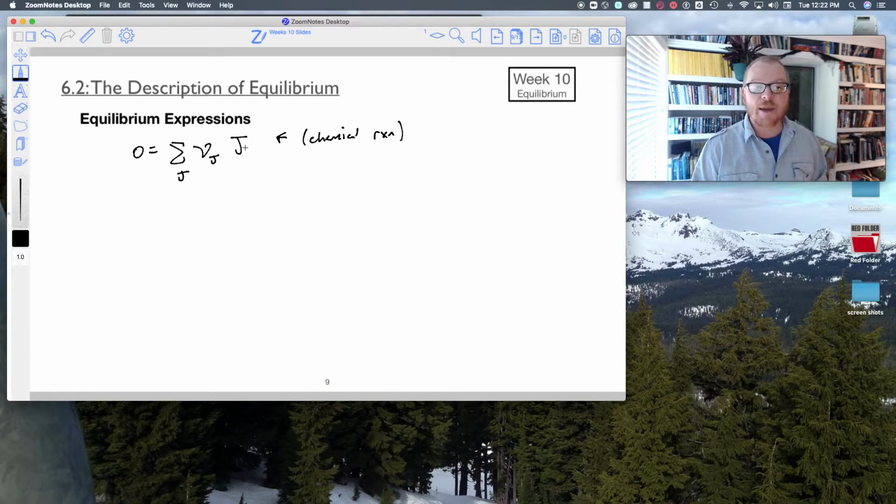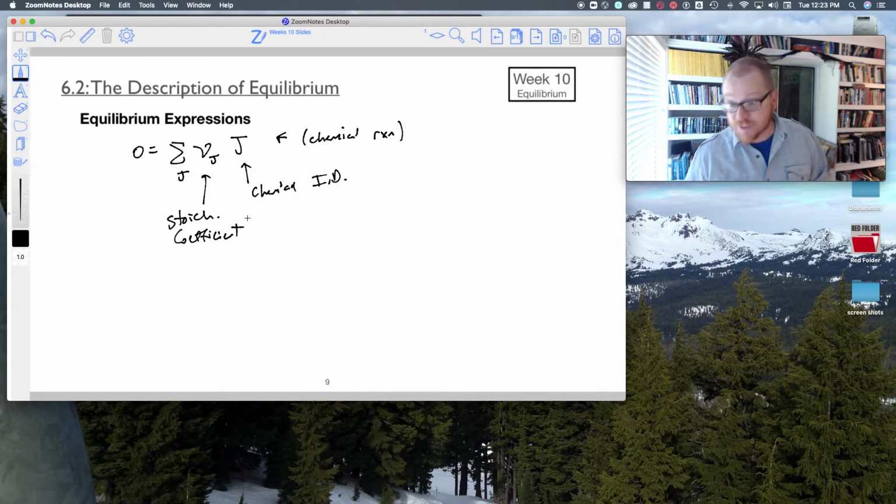So J, that's chemical species J. So that's chemical identity. This is the stoichiometric coefficient that you use to balance the reaction. And the sum of all of these should equal 0. So that's saying the reaction has to be balanced.